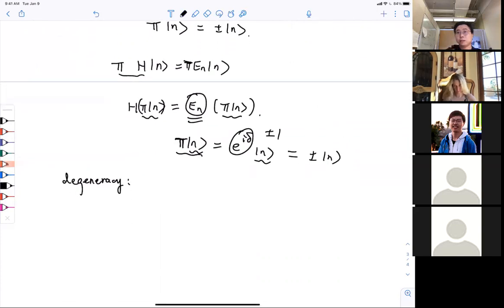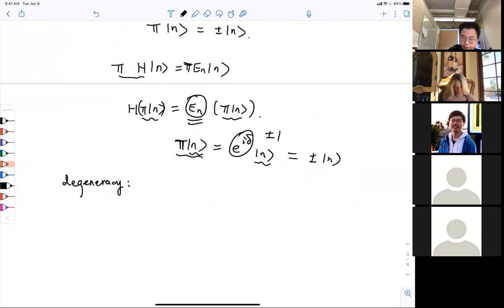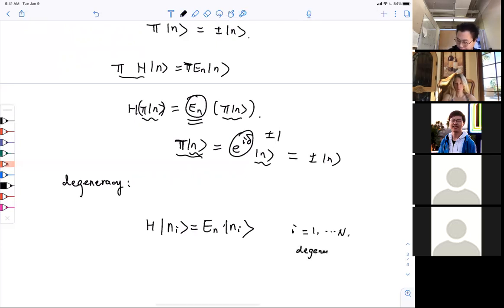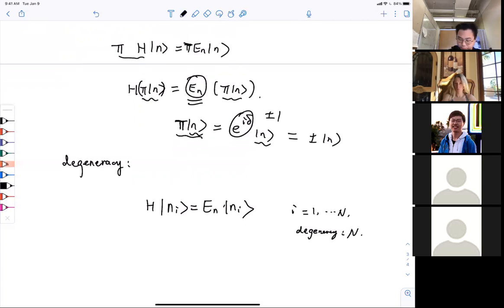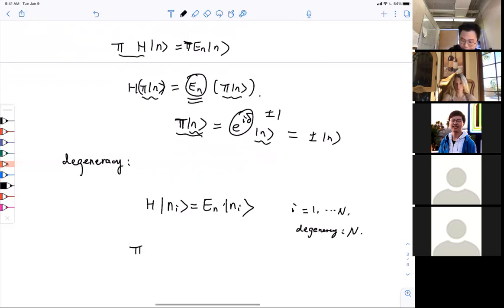Generally speaking, let's say your H acting on some state i equals epsilon, so energy E_n, and your state i is 1 to N. So the degeneracy is N, and the pi acting on this state is also an eigenstate with energy E_n, right?